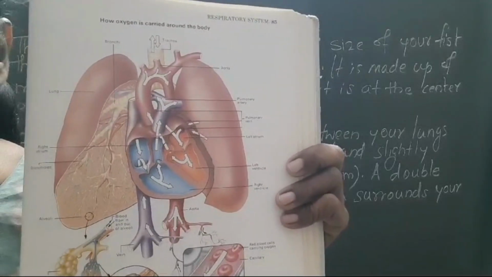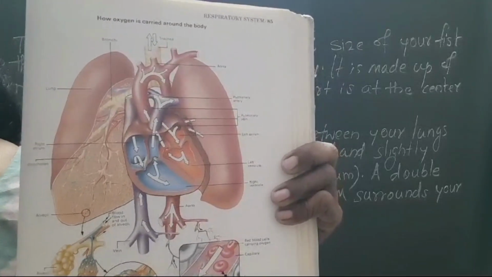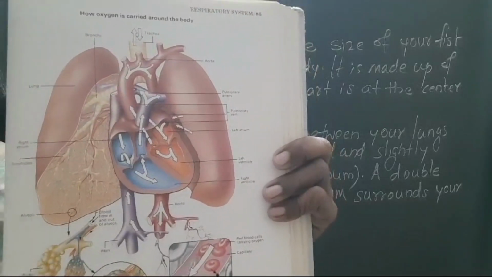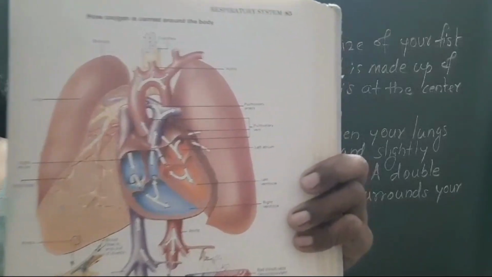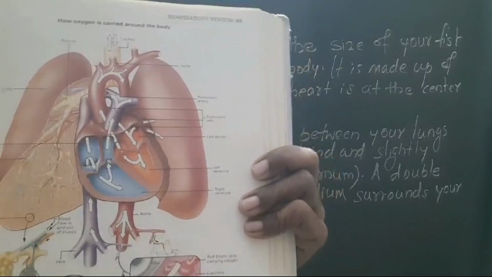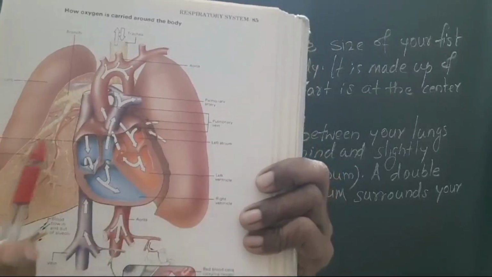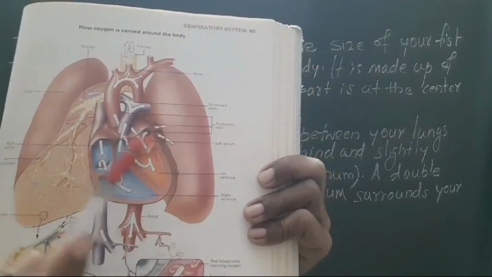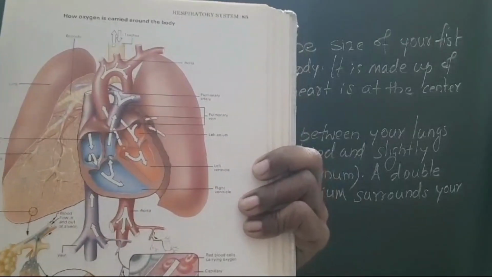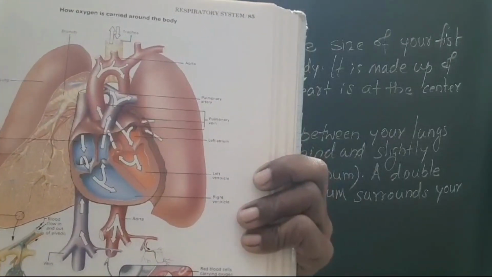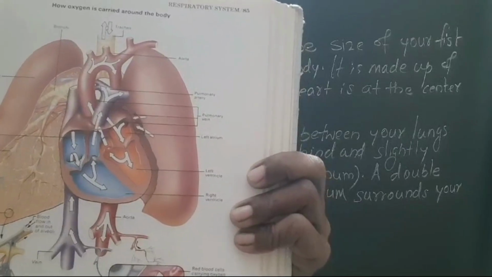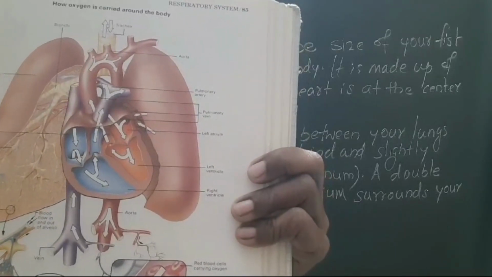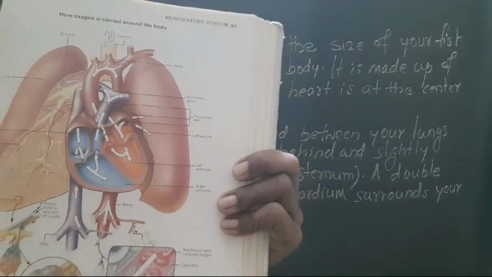Can you see this diagram? This is the location of our heart. Our heart is located between the lungs. These are the lungs. Here is the heart. It is in the middle of your chest, behind and slightly to the left of your breastbone.